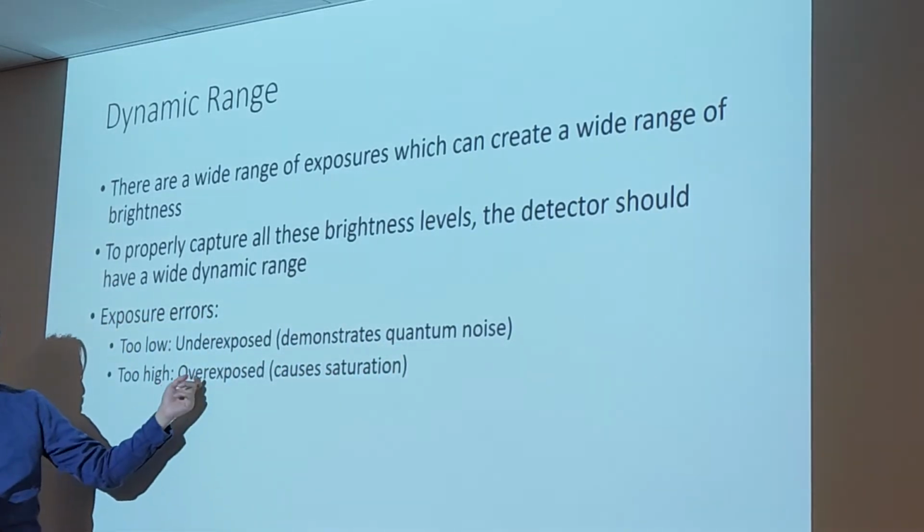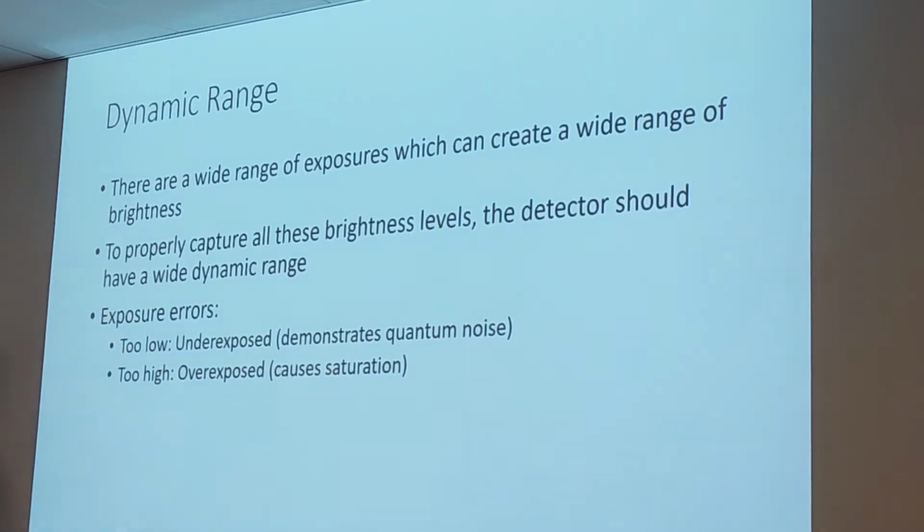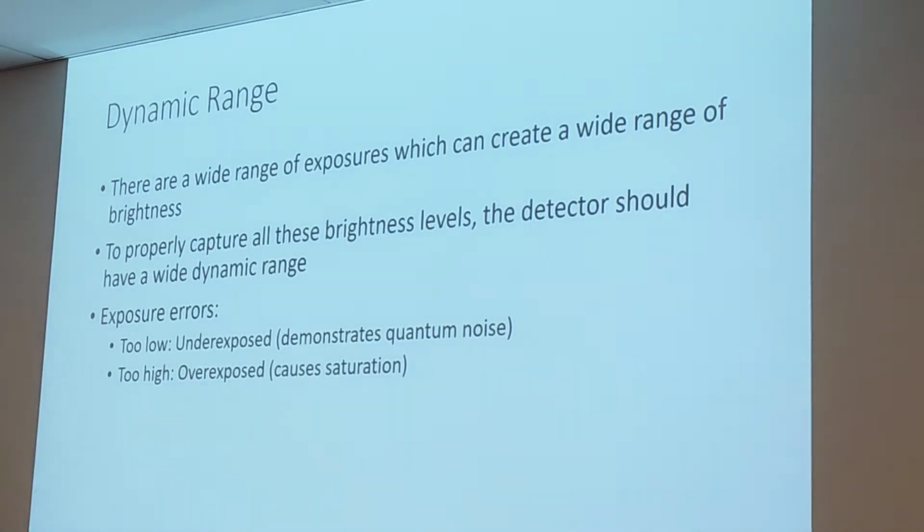Overexposure is associated with saturation. You gave too many X-rays to your detector, it has gotten so many of them that it's become saturated. So saturation goes with overexposure. The detector just can't take any more X-rays, you gave it too many.